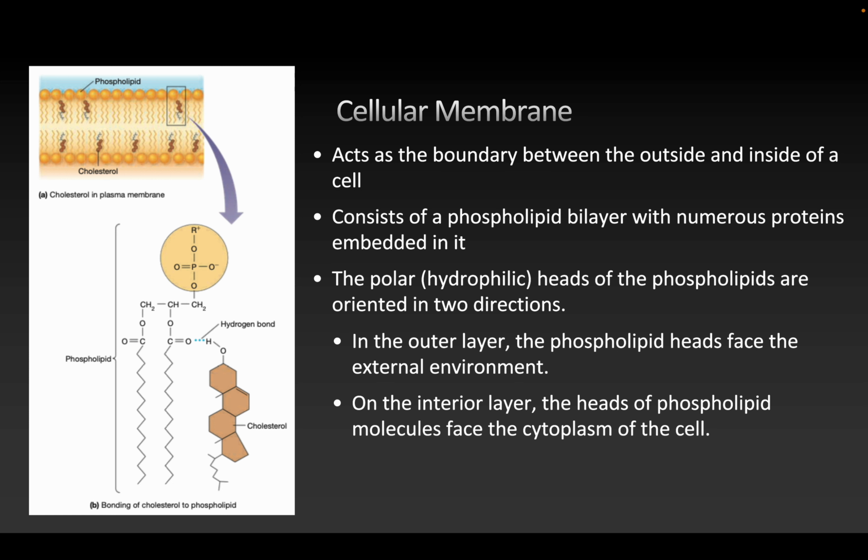In terms of the biomolecules that make up the plasma membrane, largely it is composed of phospholipid molecules which are arranged in a bilayer. And you will remember that aside from these phospholipids, there are proteins that are embedded in the plasma membrane.